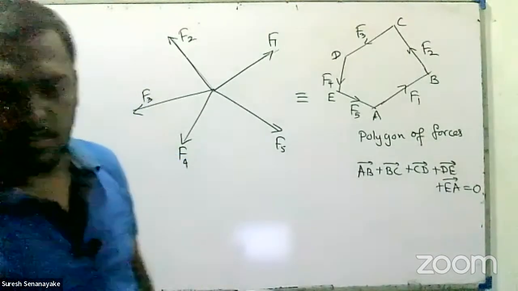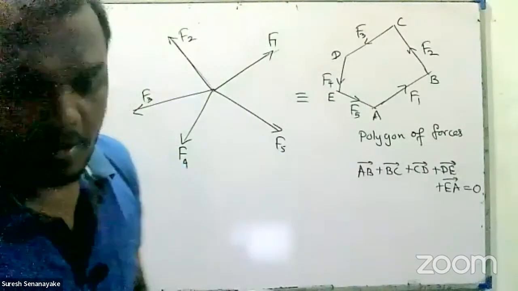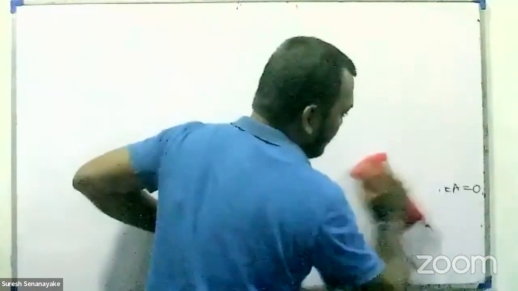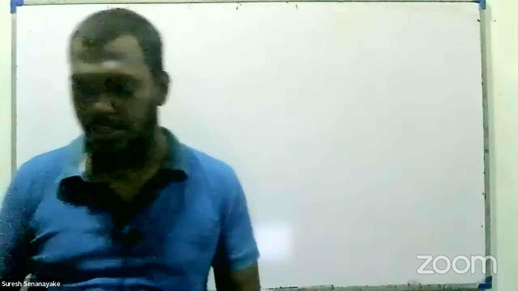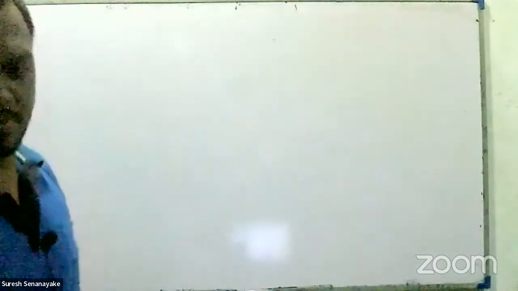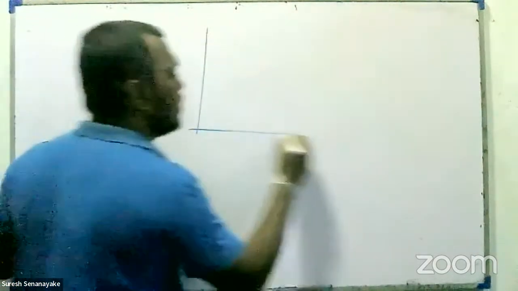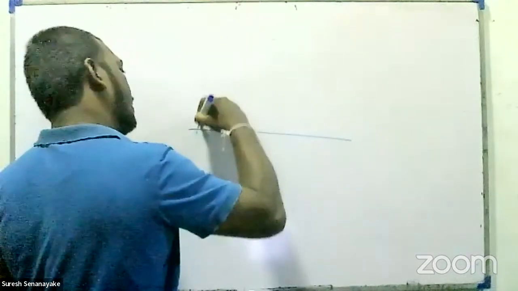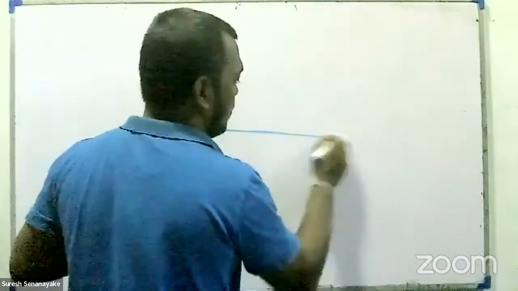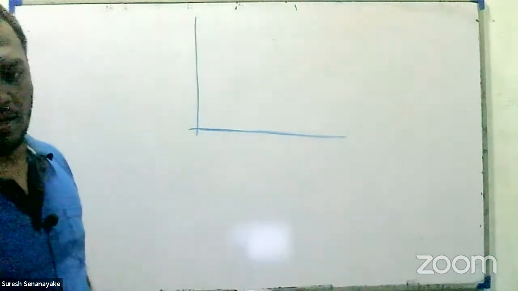Okay. Then write an example. A ladder is placed on a smooth floor and held against a rough vertical wall.